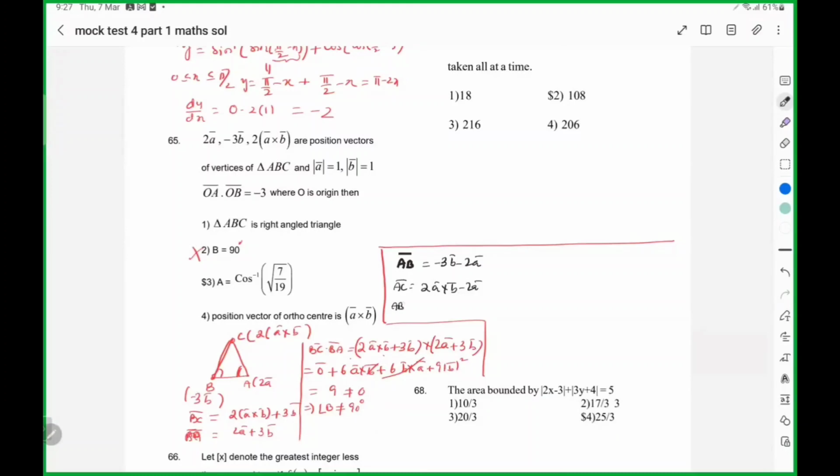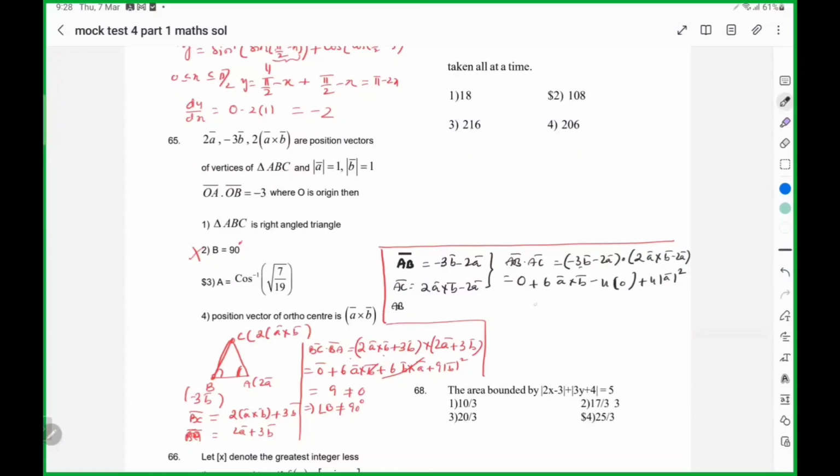AB dot AC if I find: minus 3B minus 2A dot 2 times A cross B minus 2A bar. B dot A cross B is 0 plus 6 times A cross B minus 4 times A dot A cross B, sorry, A dot A cross B which is 0, plus 4 times mod A square.